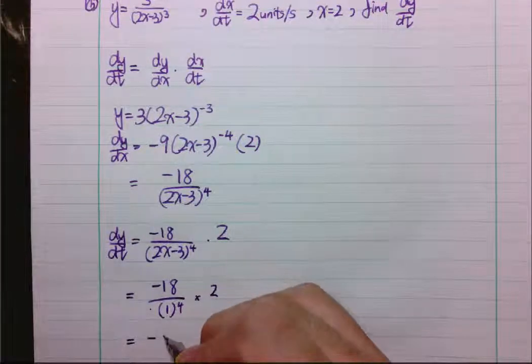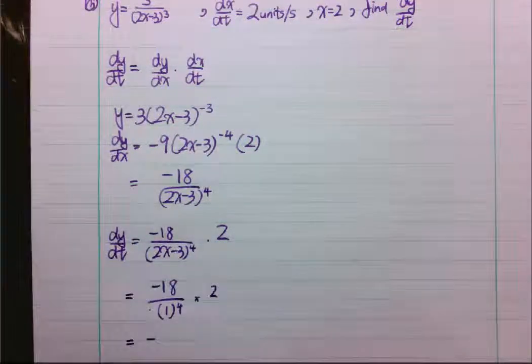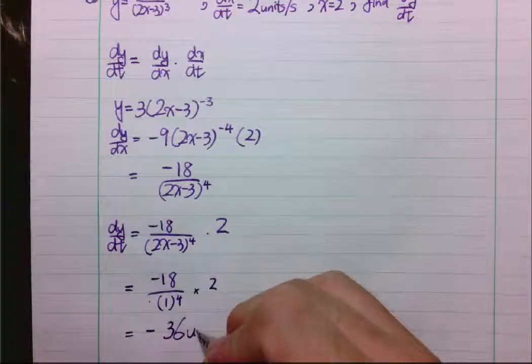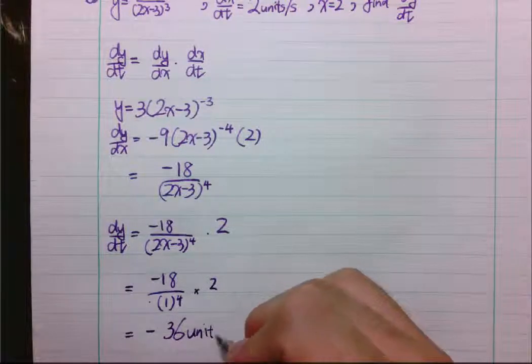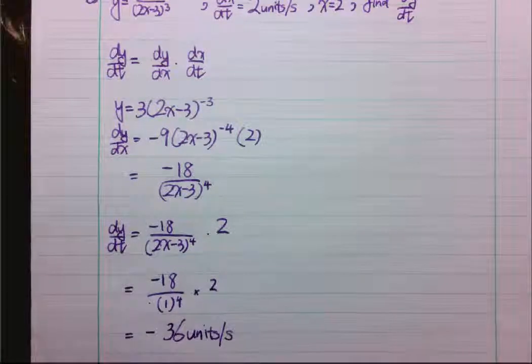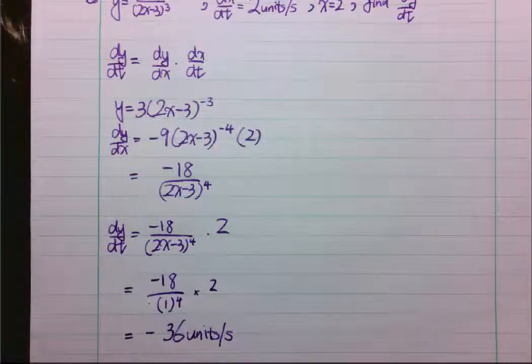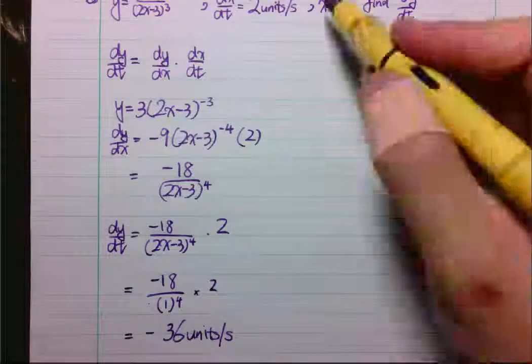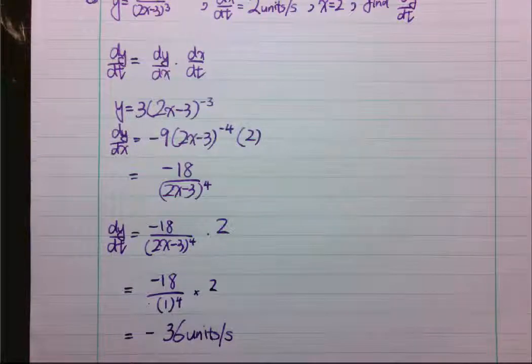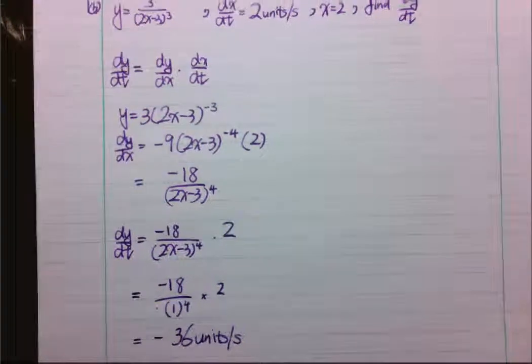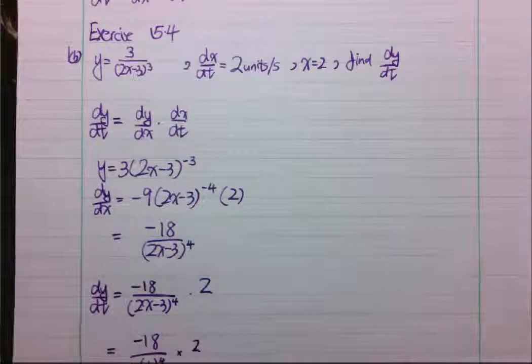So my rate of change of y with respect to t is negative 36 units per second. That means at the moment when x equals 2, y is decreasing at 36 units per second at that exact moment in time.